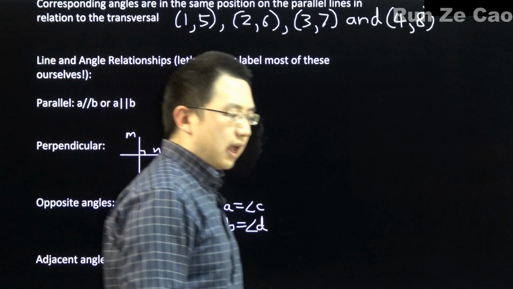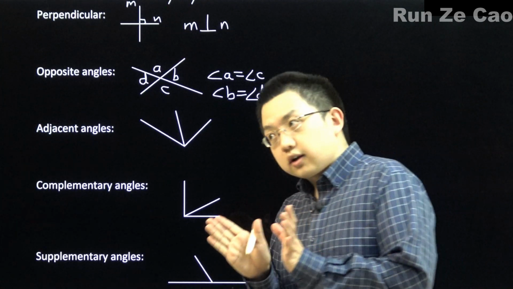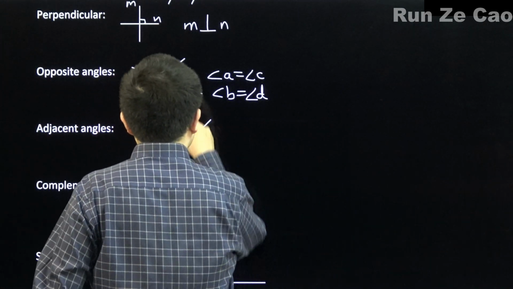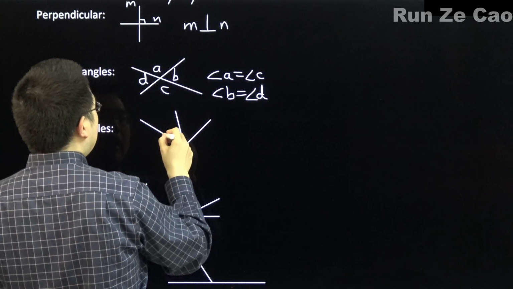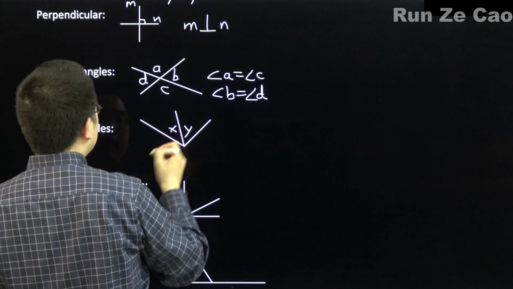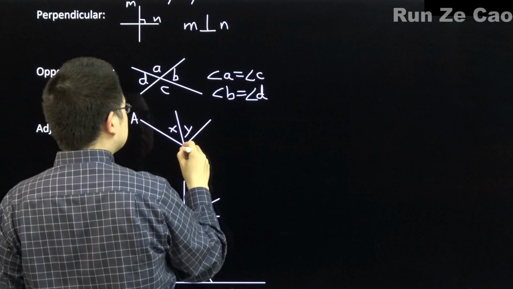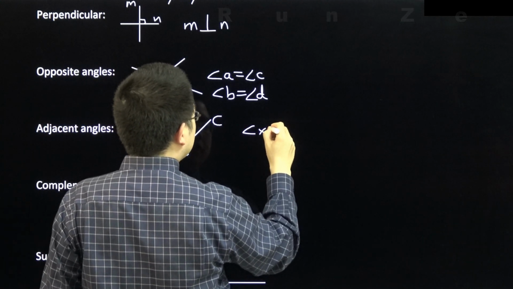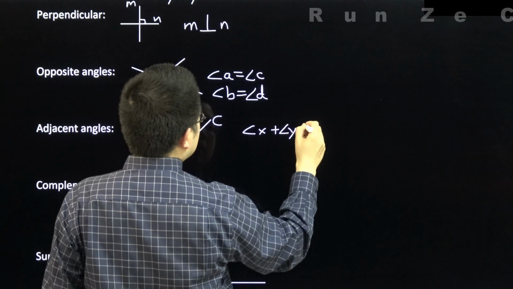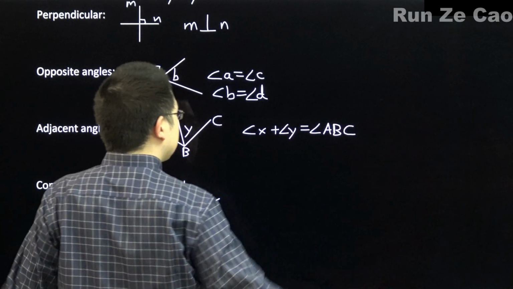Now for adjacent angles, so angles that are next to each other but don't overlap, they share a side and a vertex but they don't overlap, you would say have angle X and Y, and then you would have maybe A, B, C, and you would say angle X plus angle Y equals angle ABC, perhaps.